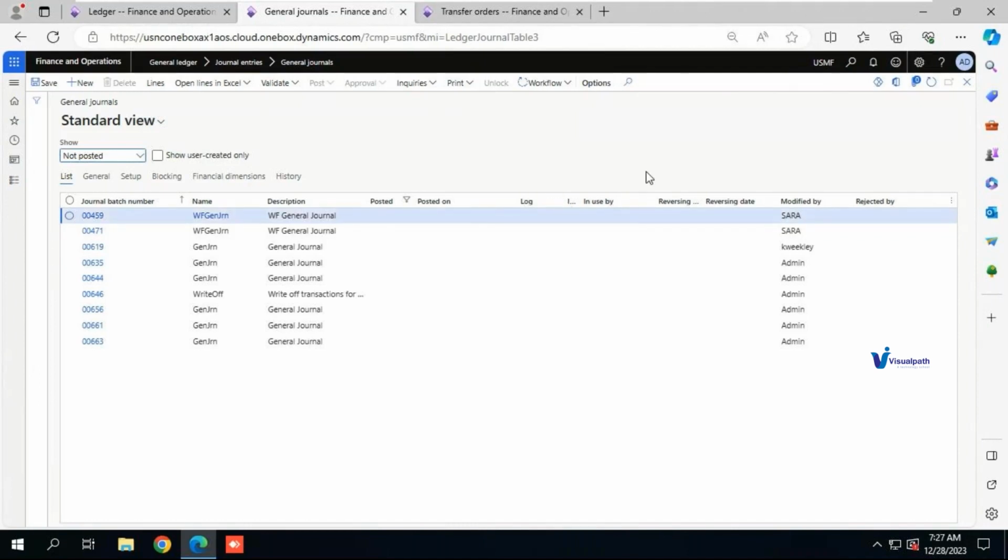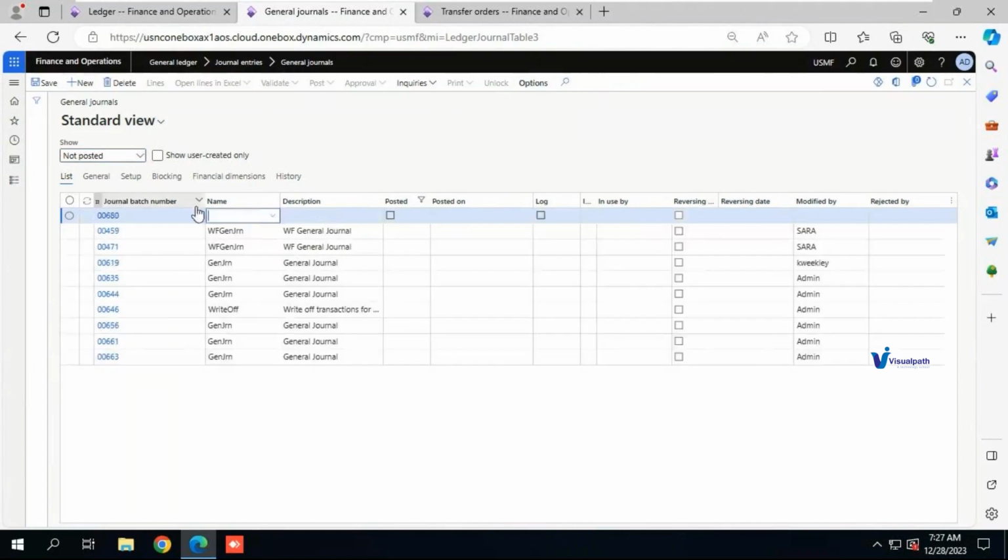Now I'm clicking on the new button, selecting the journal name, and going to lines.